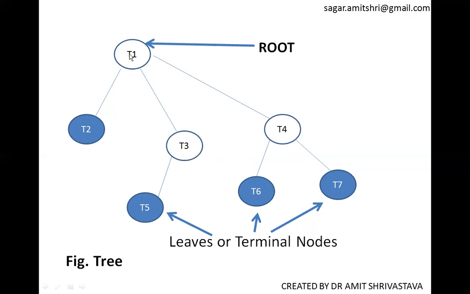This tree has got one node T1 as a root, and T2, T5, T6 and T7 will be called as leaves or terminal nodes. It means after these leaves or terminal nodes, no other node is connected. So the end node of any subtree is called as leaf or a terminal node.